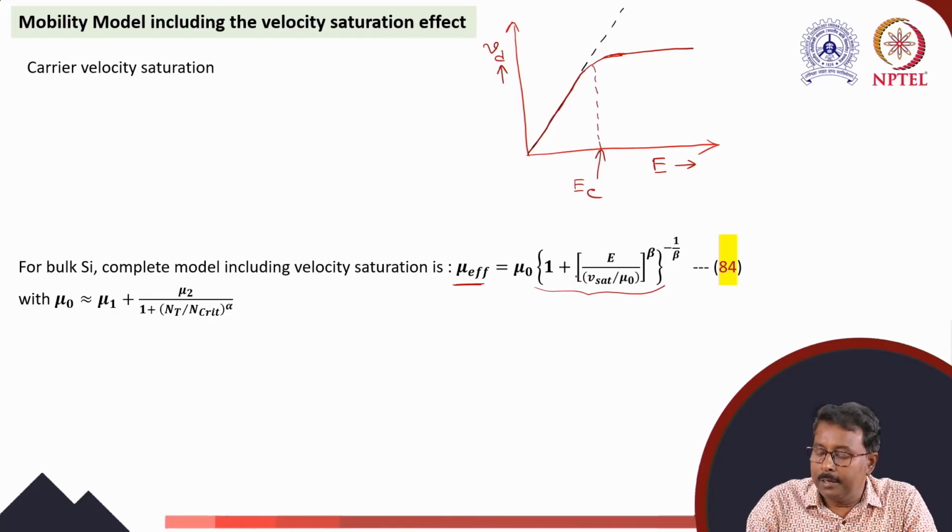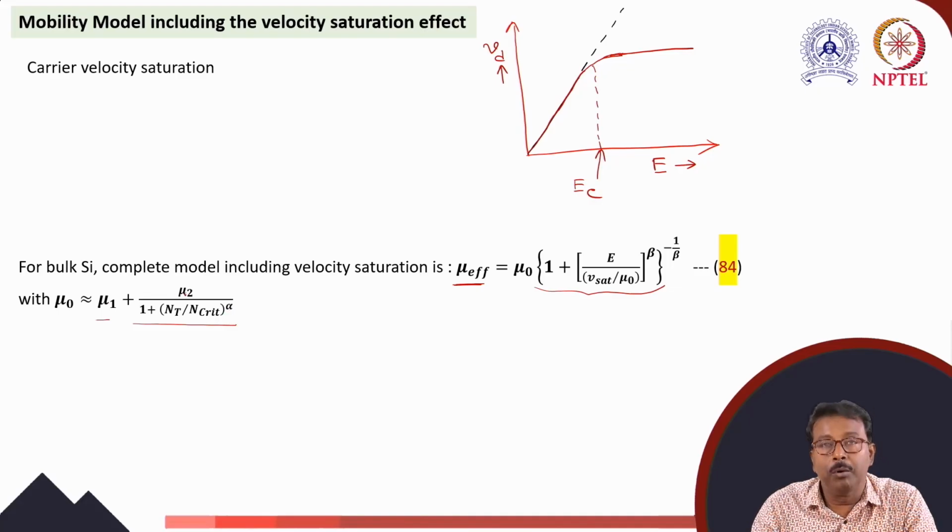This is again an analytical equation. Mu 0, the low field mobility, was already discussed in last class, that is mu 0 is equal to some constant mu 1 plus mu 2 by 1 plus Nt by N critical to the power alpha. Alpha is a constant or fitting parameter.